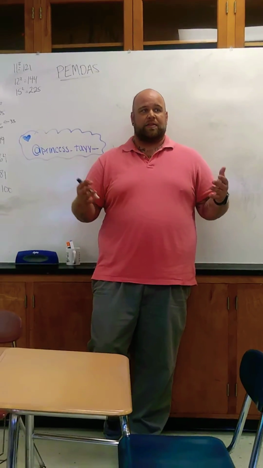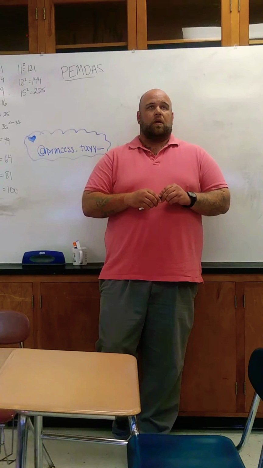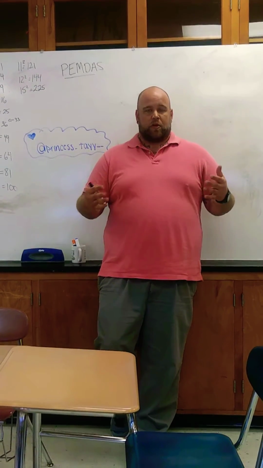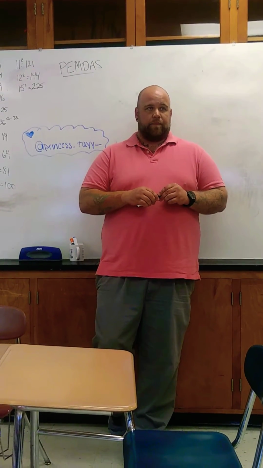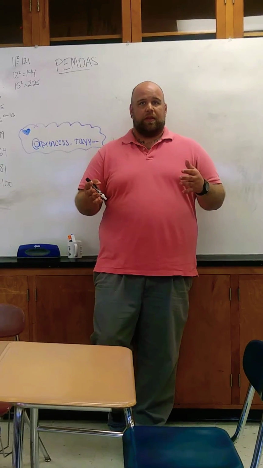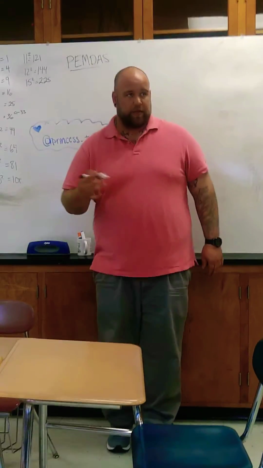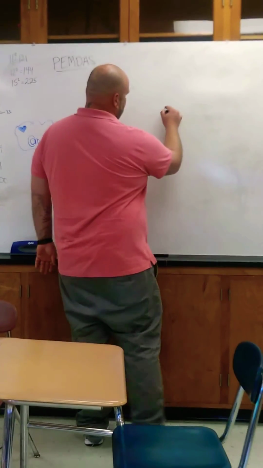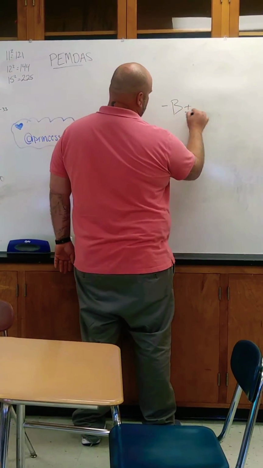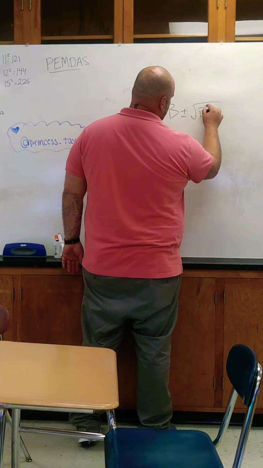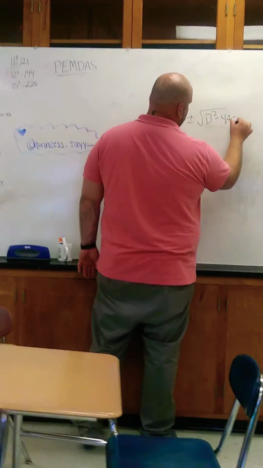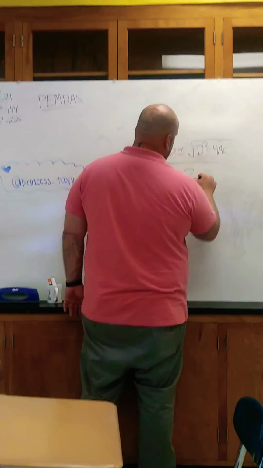The idea with the lesson was I'm trying to introduce the quadratic formula, and a lot of them struggle with the arithmetic that goes into the discriminant portion, right? So the quadratic formula looks like this. It's negative b plus or minus the square root of b squared minus 4ac, all over 2a.